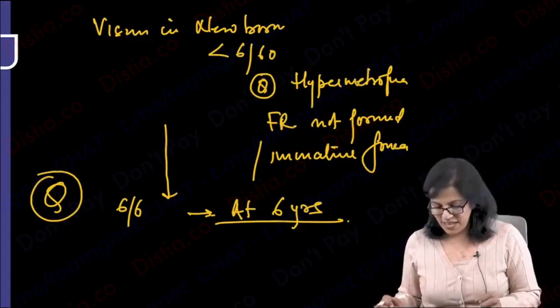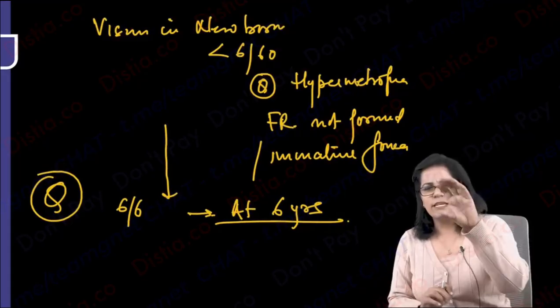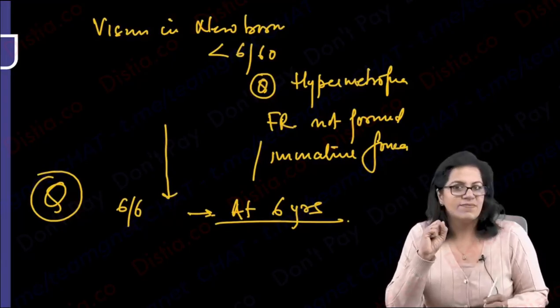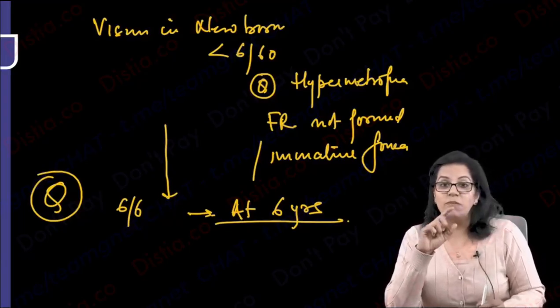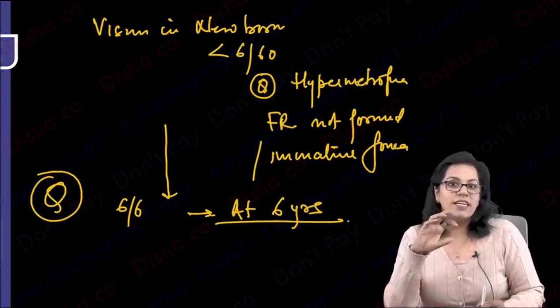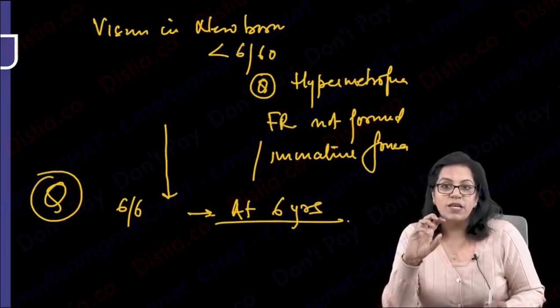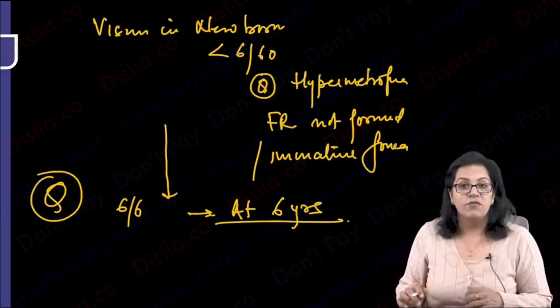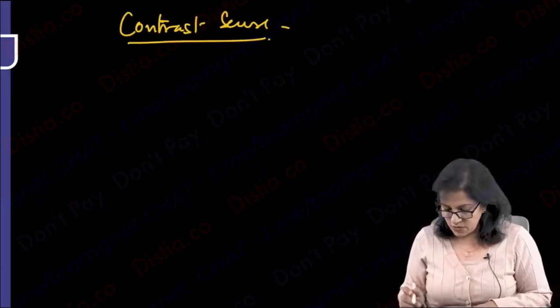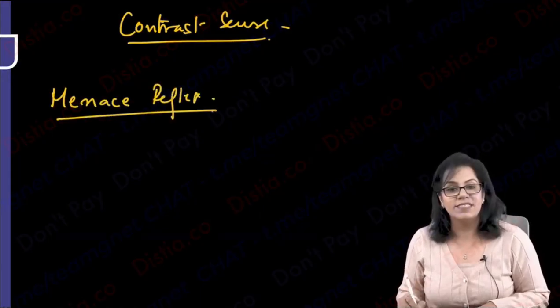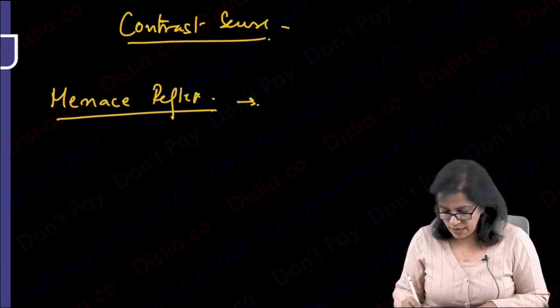Correct? Okay. If I show a bright light in front of your eye, will you blink? Yes. This is called the dazzle reflex. So in a small child, sometimes to assess whether the visual pathway is working or not, we can do the same. This is also going to be seen only when the fovea is developed, so this will be by 5 months of age.